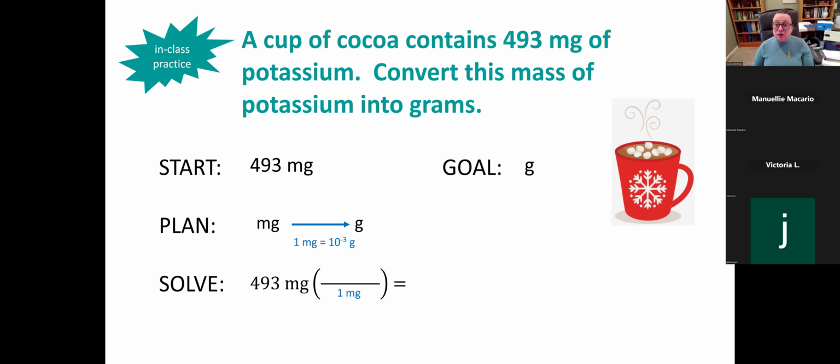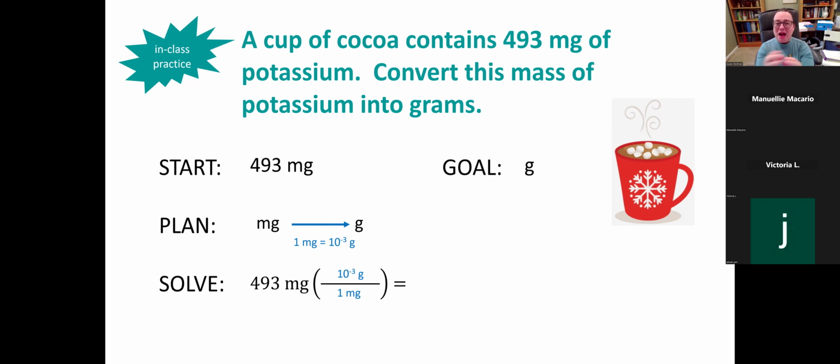right? Be real careful with your conversion factors, right? We definitely know the milligram unit wants to go on the bottom, but the number that's with the milligrams in our conversion factor has to stay with it. So the 1 has to stay with the milligram, right? You can't just put 10 to the minus 3 milligrams down there. You'll have changed your conversion factor. And then the 10 to the minus 3 grams, right? That number and unit have to stay together, right?